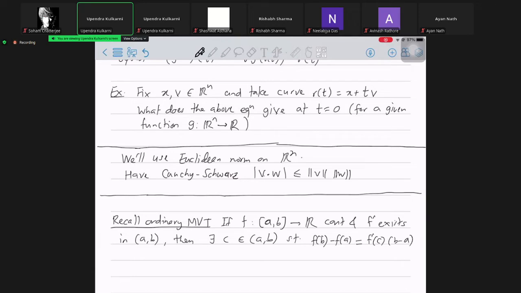So this is the famous mean value theorem. How do we prove this, by the way? Just very quickly, what is the proof? What is the key ingredient? It's a consequence of another fundamental result. Rolle's, MVT.